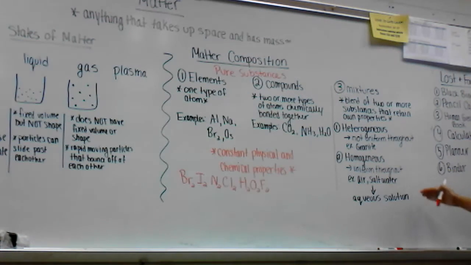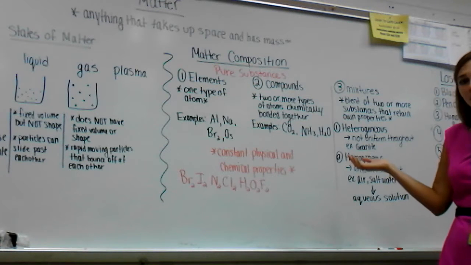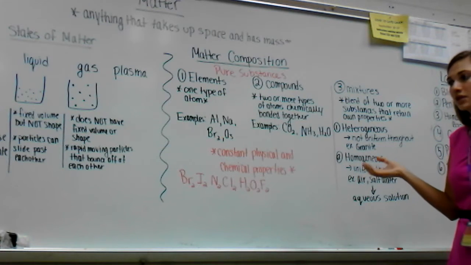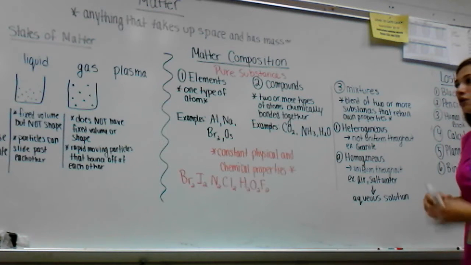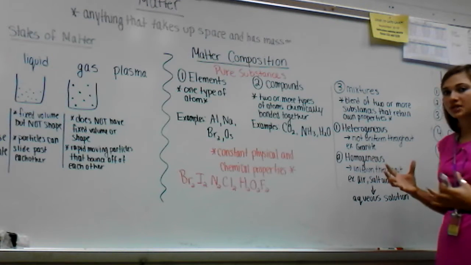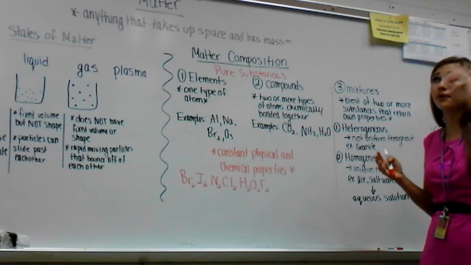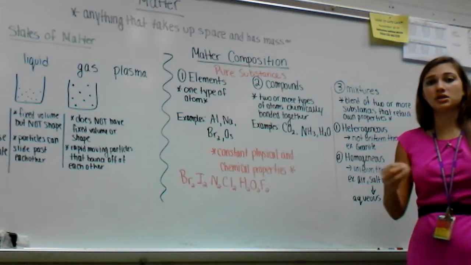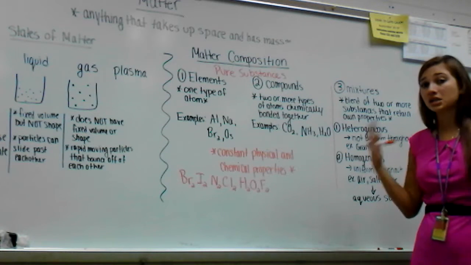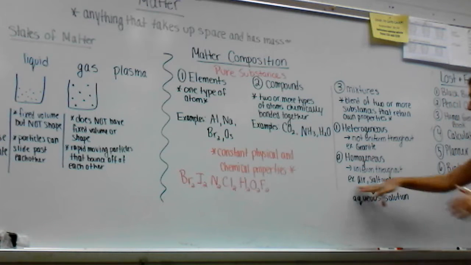Now, when we talk about a homogeneous mixture, they are uniform throughout. So again, if I'm talking about salt water, like I was before, if you thoroughly mix salt water, the composition will be uniform throughout. So if I were to take salt water off the top of a beaker versus the salt water at the bottom of the beaker, as long as it's thoroughly mixed, those two compositions will be exactly the same.